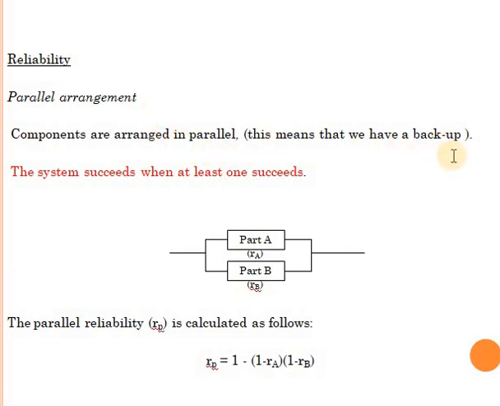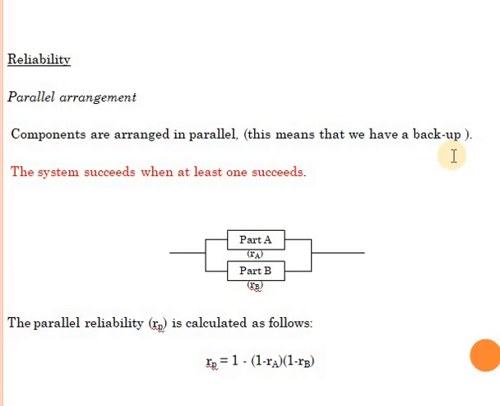For example, if you look at the lighting system, let's say one of the light bulbs has stopped functioning, you will see that the others will continue to give us light. Why? Because light bulbs are arranged in parallel. Even if one or two of them stop working, the others will continue to function normally.